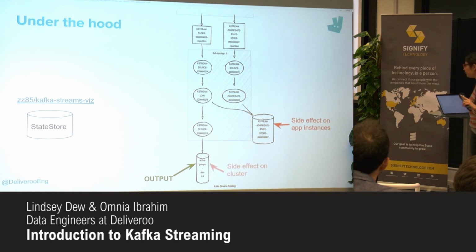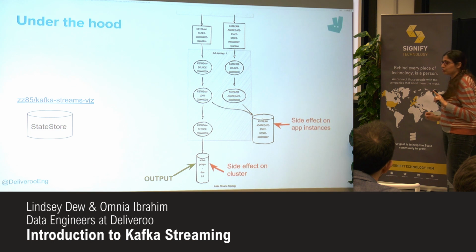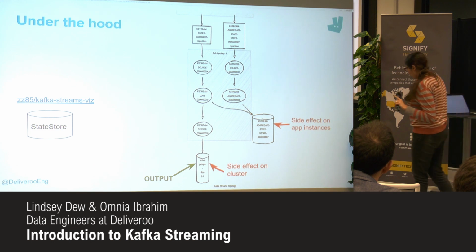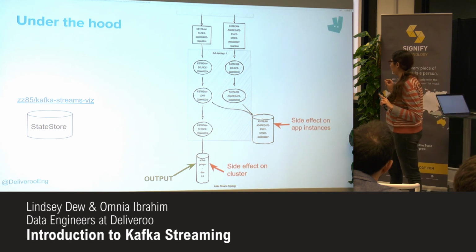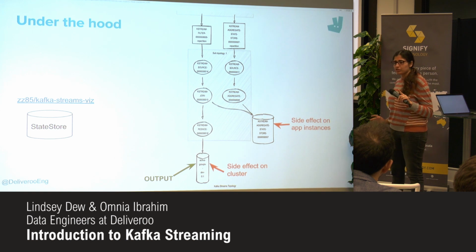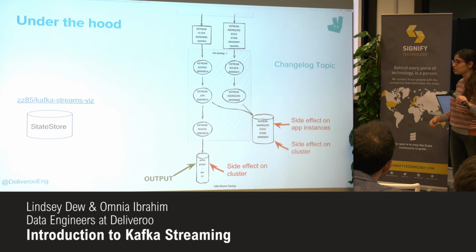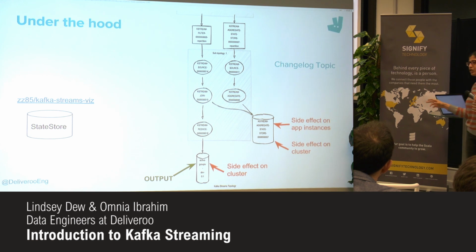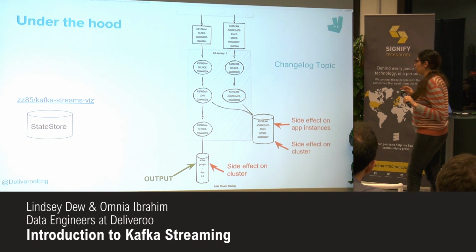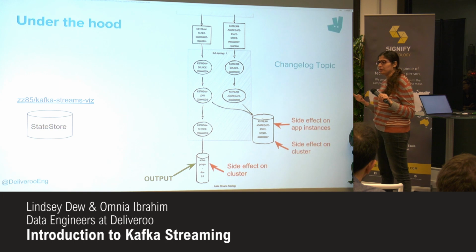There is another side effect which is related to fault tolerance. What Kafka tried to do is handle what happens if this instance crashes. How will the state store be rebuilt again? They store all of this in something called a changelog topic. A changelog topic holds all the changes that happened to the state store.